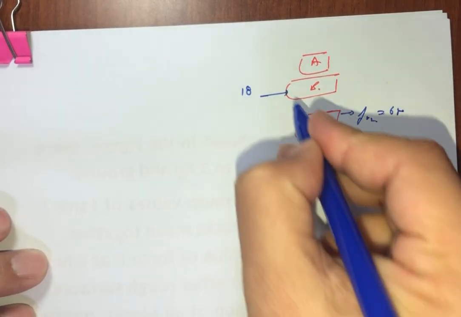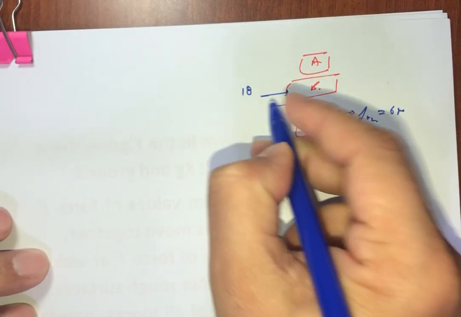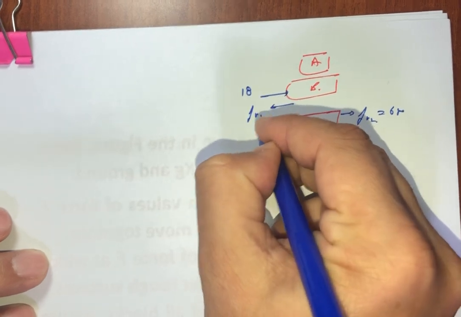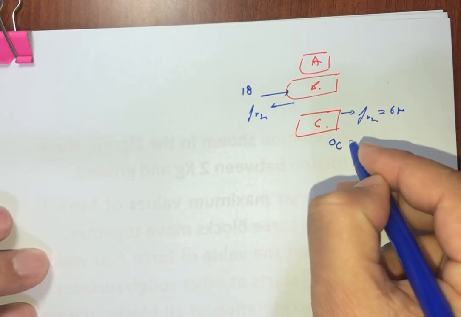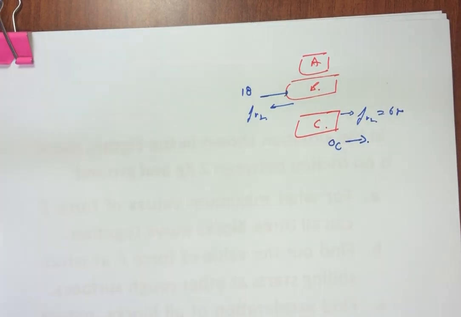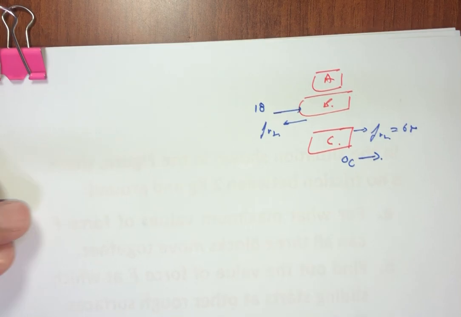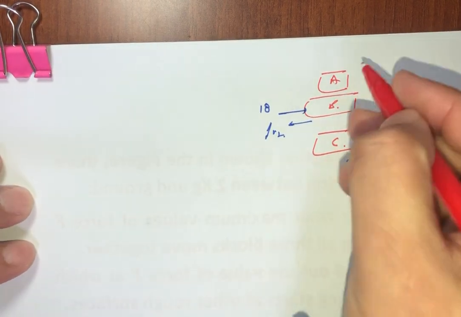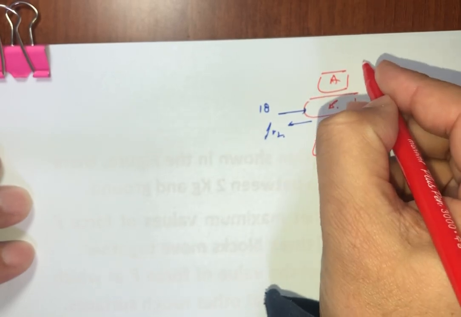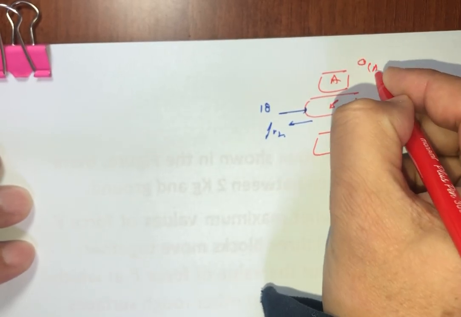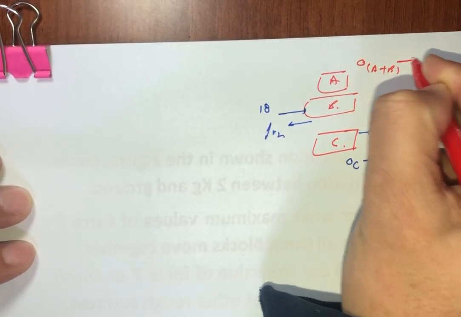We already found this, and here will also be Fr2, and we say the acceleration of C is AC in this direction. And A and B will be moving together, so we can say their acceleration is A plus B in this direction.